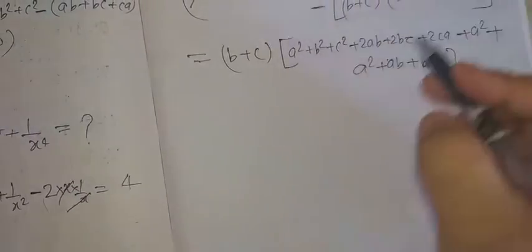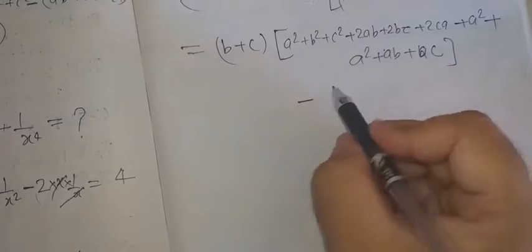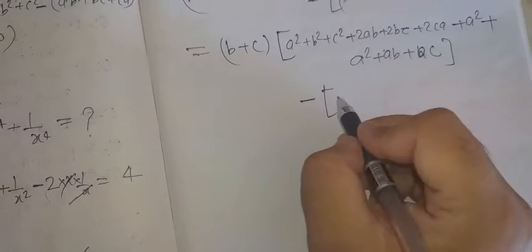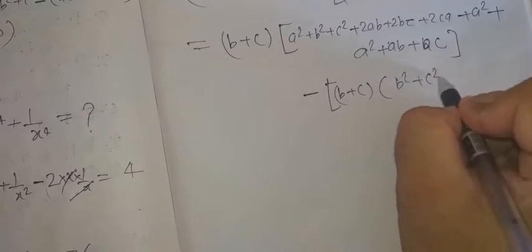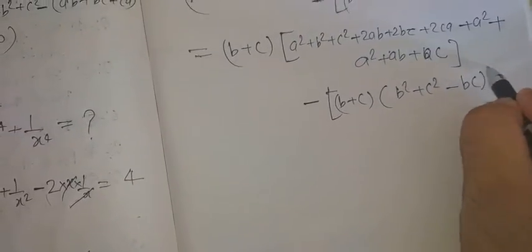I am just completing this, minus this term, (b plus c) into (b square plus c square minus bc).